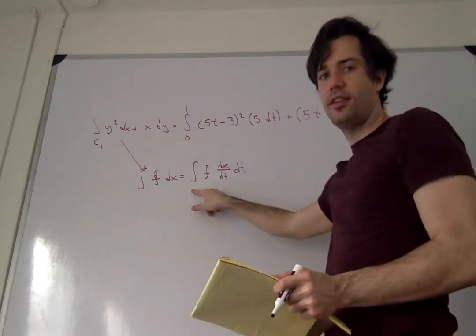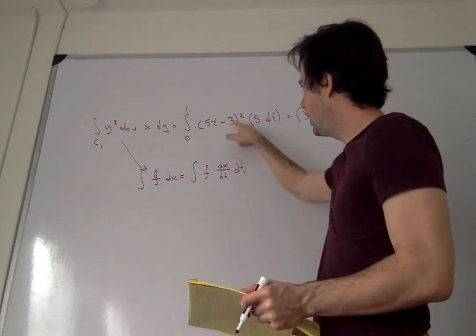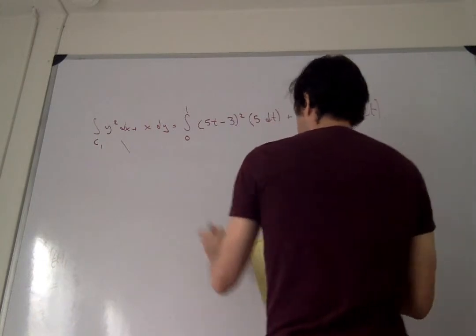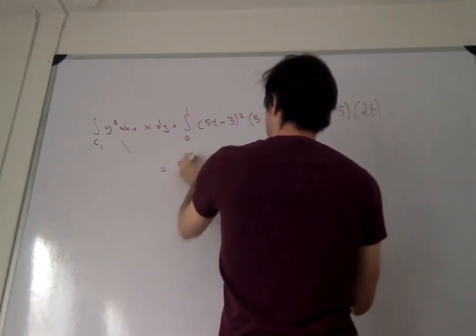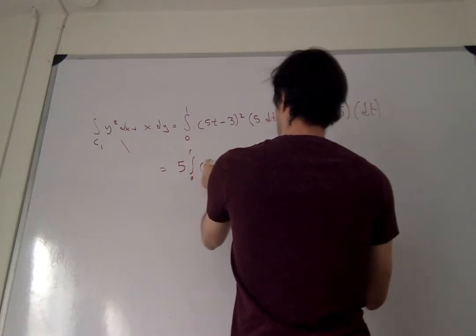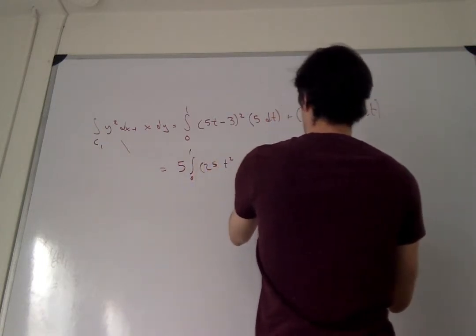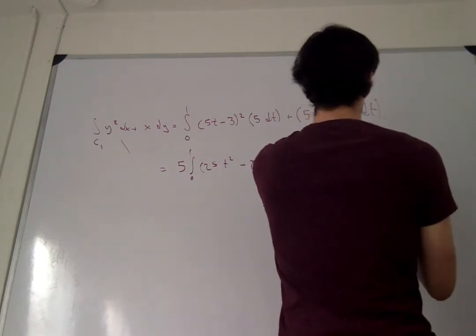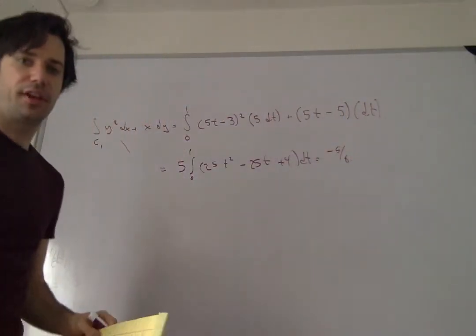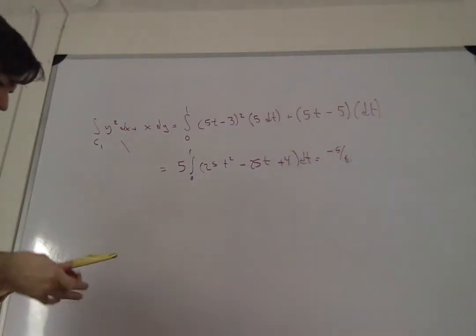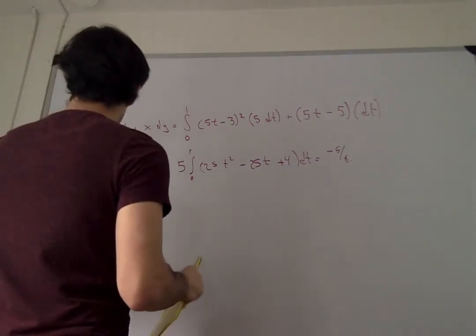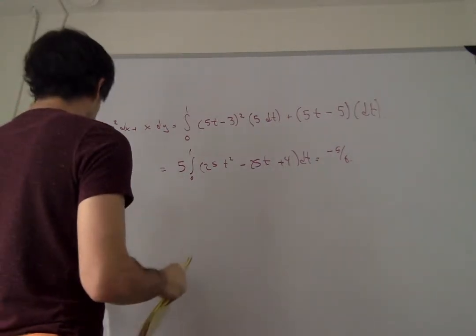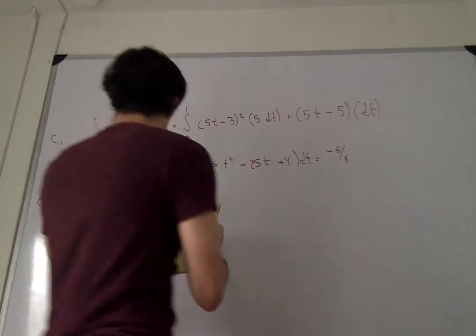If that doesn't make sense, focus on this equation and then stick that in right there. Once I carry this calculation out, I'm going to arrive at the integral of 25t squared minus 25t plus 4 dt, and this is going to equal -5/6. Good. On the other hand, if that's C1, C2 is the following.